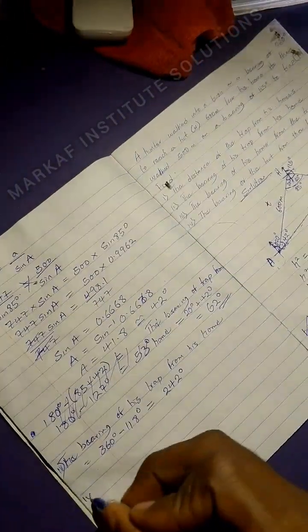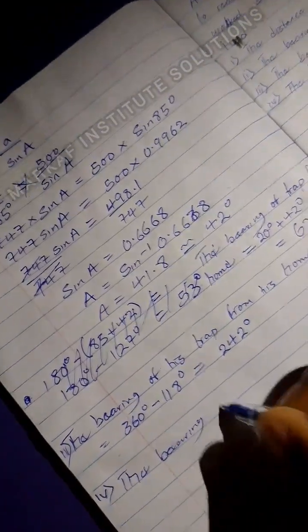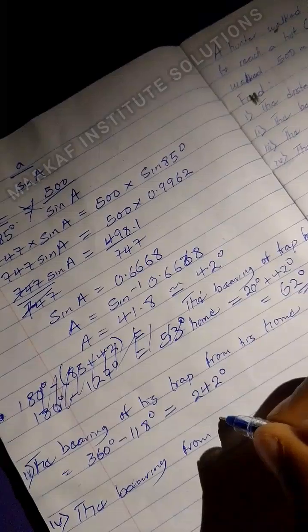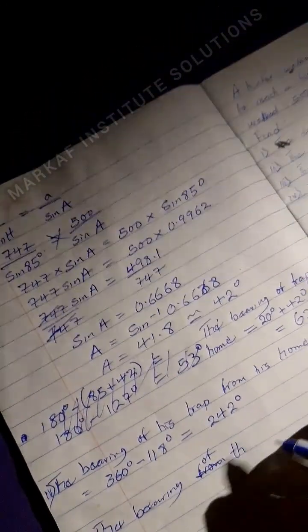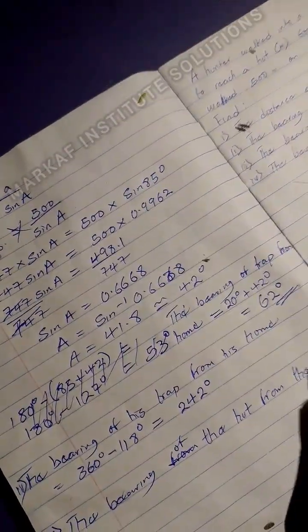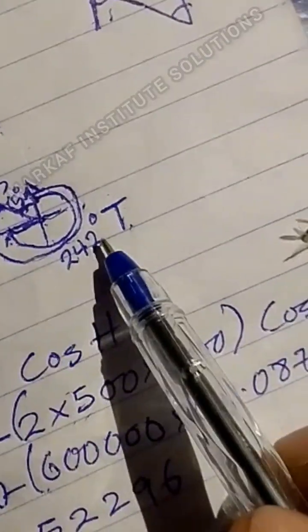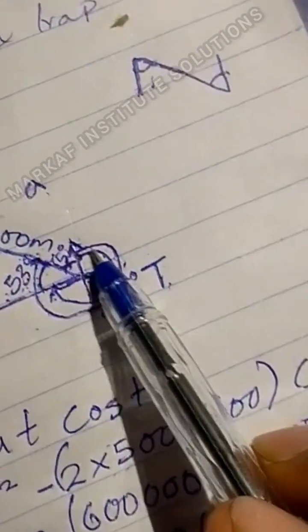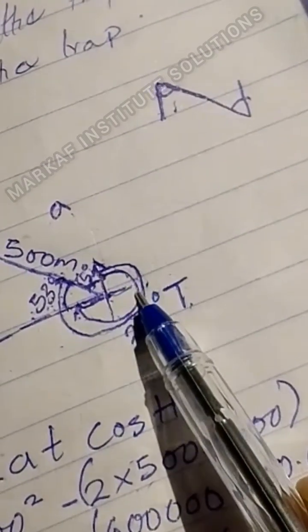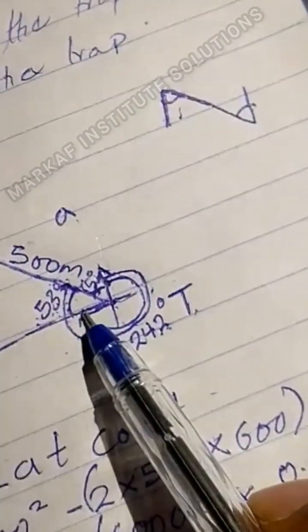So we say number 4, the bearing of the earth from the trap will now equal 242, which is coming like this. 242 is already here, this one already comes from here and stops here, and the earth is still here.